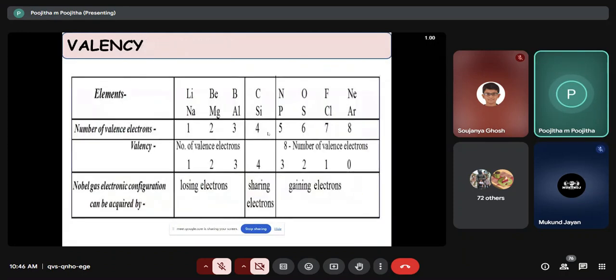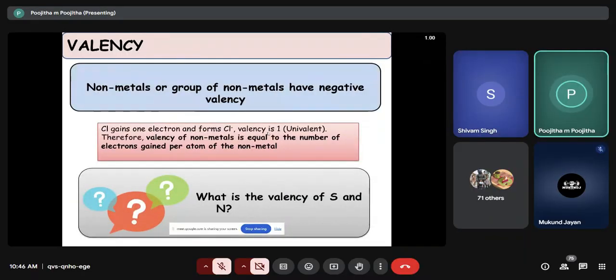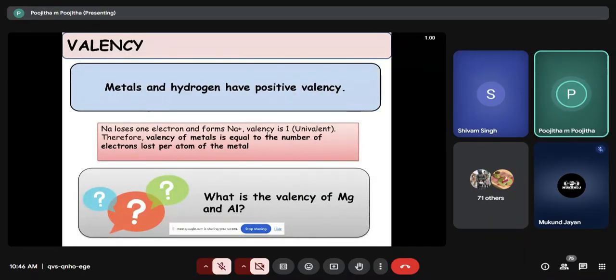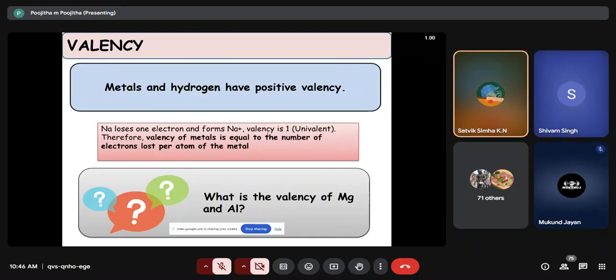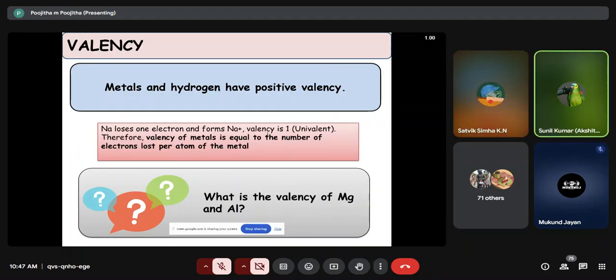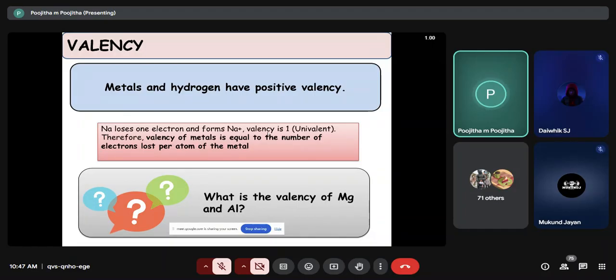I'll tell you the element, you tell me what type of element it is. Helium. Noble gas. Valency 0. Calcium. Metal. Valency plus 2. Oxygen. Non-metal.